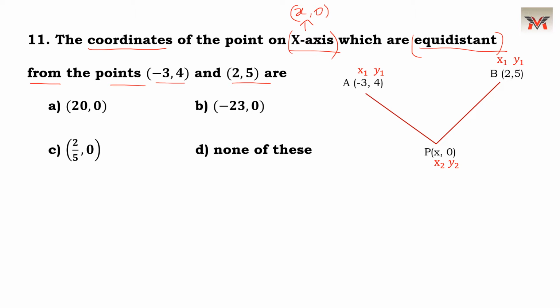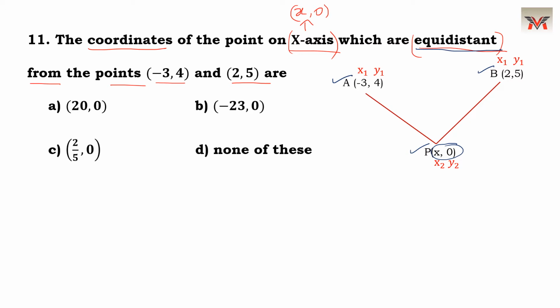Let us see how we can consider the points. Here I have taken point A (-3, 4), point B (2, 5), as well as point P, which is on the x-axis, so I am considering (x, 0). How can we solve this problem? We can go with distances because they have said they are equidistant.